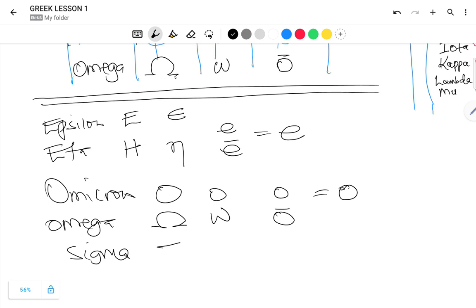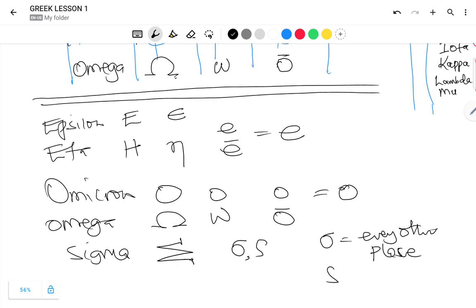Of course, the uppercase is the same as one. Lowercase, we've said, is written like that or like this. And we've said this is used in every other place. Now this is used as the last letter in a word.